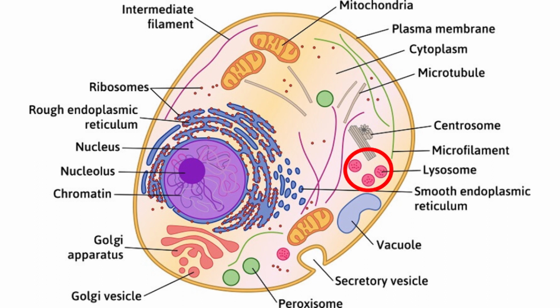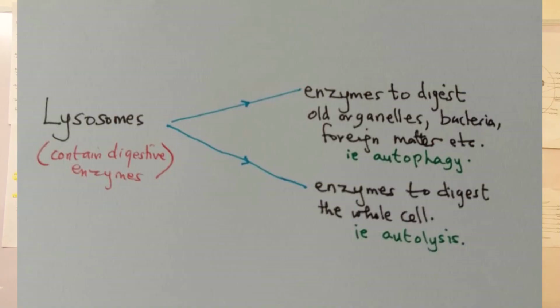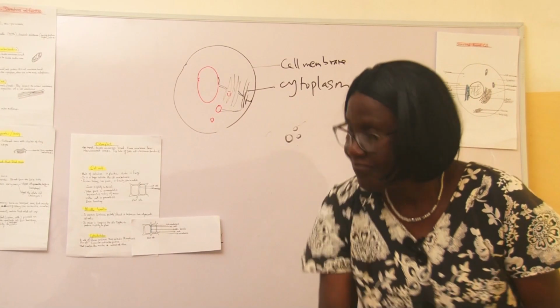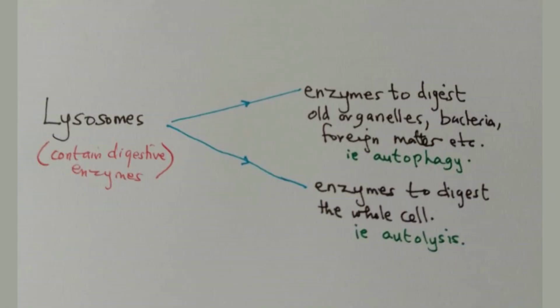But the lysosomes contain enzymes. So lysosomes are bigger vesicles. They contain two types of enzymes. If this is a lysosome, it does two major things.